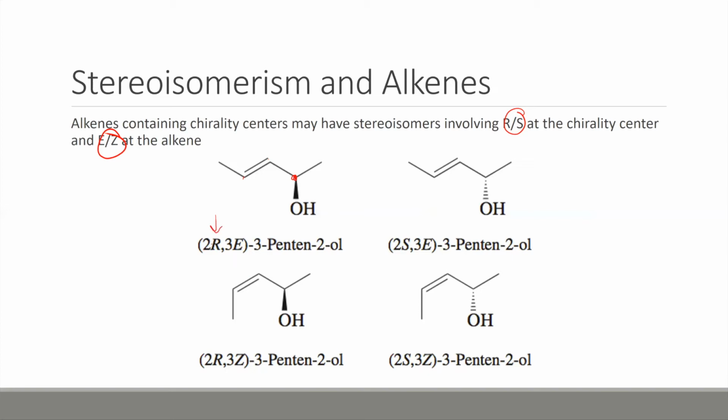So at position 2, which is where the OH is, it had an R rotation. And at position 3, which is where our double bond starts, we see that this has an E configuration where we have opposite groups on opposite sides. And then it's named as normal.